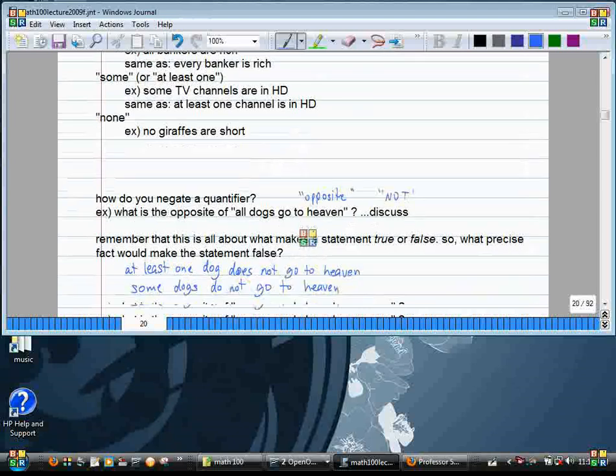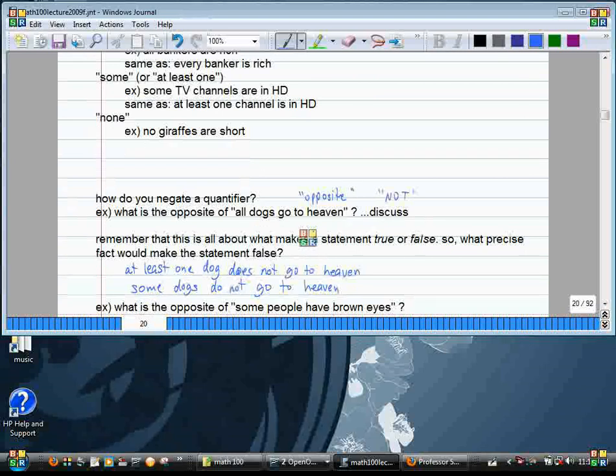Okay, next. What is the opposite of some people have brown eyes? Right. So, well, we want to keep it in terms of brown.